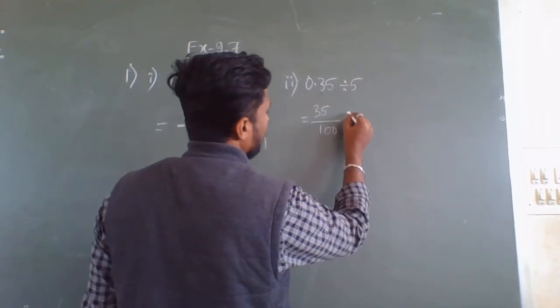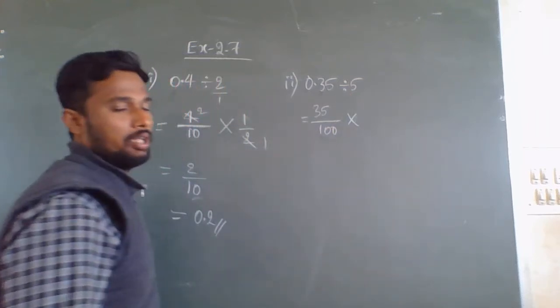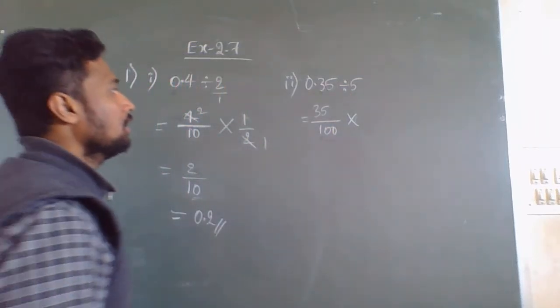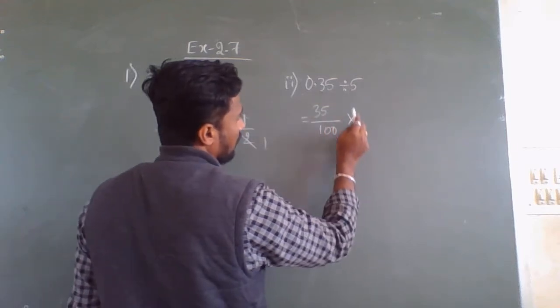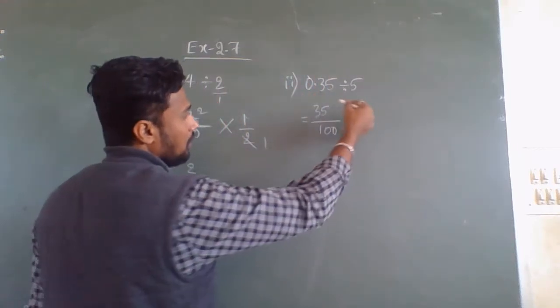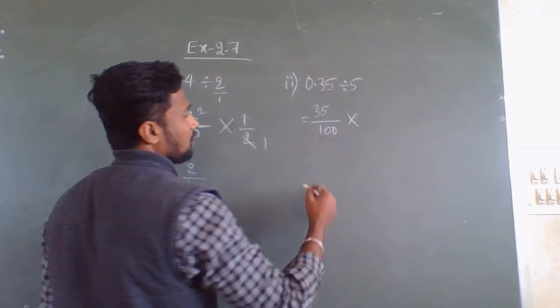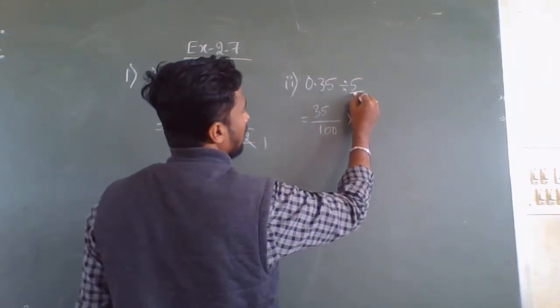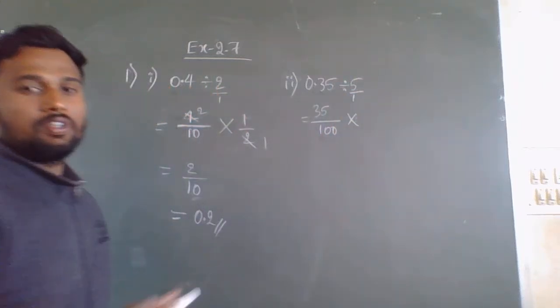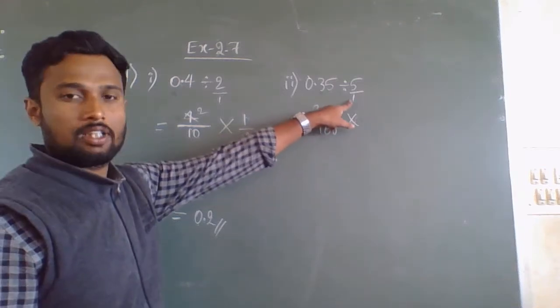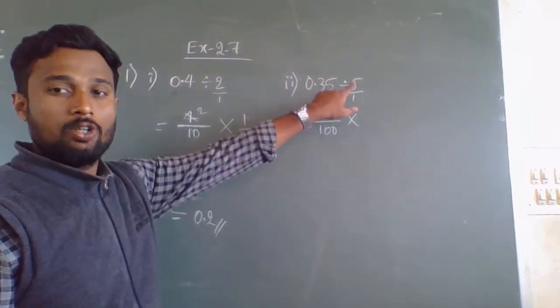Now in the place of division I will write multiplication. And so next I should write reciprocal of 5. What is reciprocal of 5? If they have not given any number in denominator here, there will be 1.